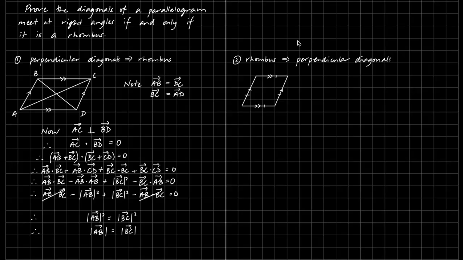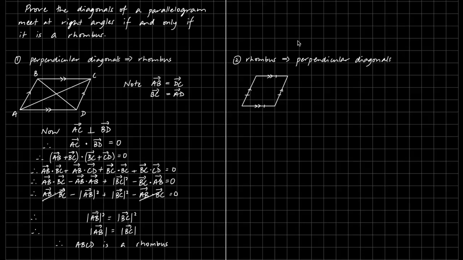So we've found that the adjacent sides of this parallelogram are equal, and that means that therefore ABCD is a rhombus.